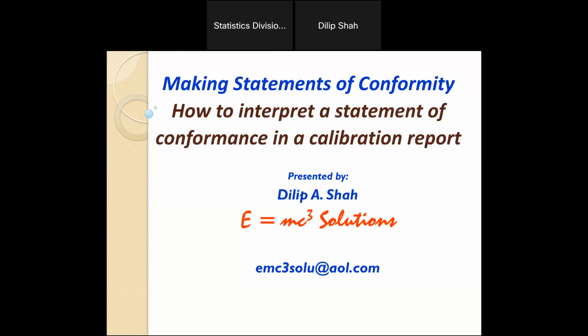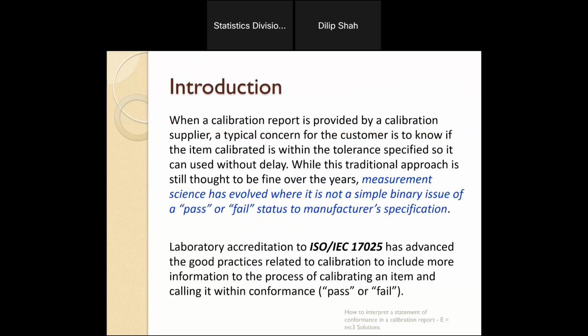I'm glad you could join us, and I'm going to talk about making statements of conformity. Basically, before, in a calibration report, you calibrate something and you call the data point or the item you calibrate a pass or a fail, and that's the basic of the things in there.